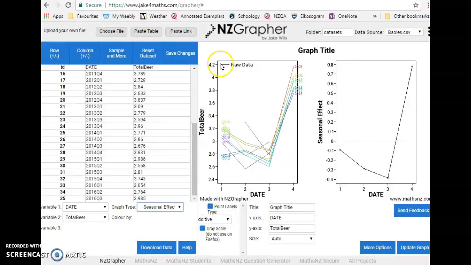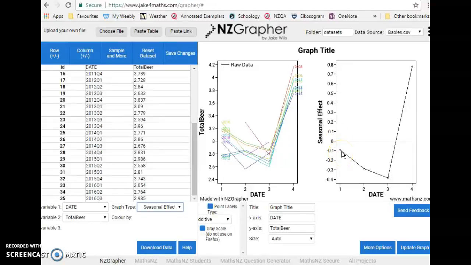Okay, notice the scale on this axis is just your raw data scale, whereas the scale on this axis is not. What this tells me, or the datum line is here, and another word for this line is actually the trend line. The datum or the trend. And what this means, negative 0.1, it means that in the first quarter, we are 0.1 million litres below the trend.